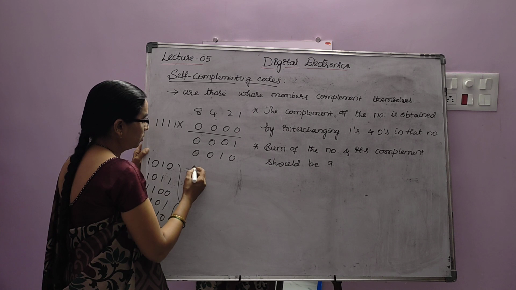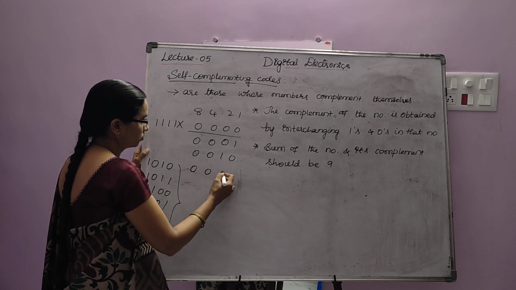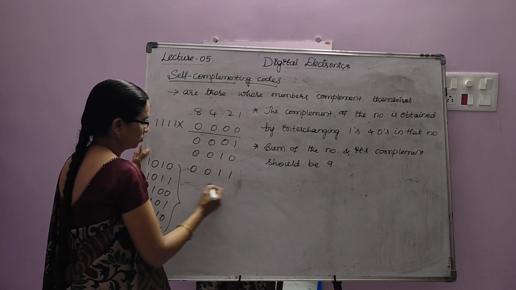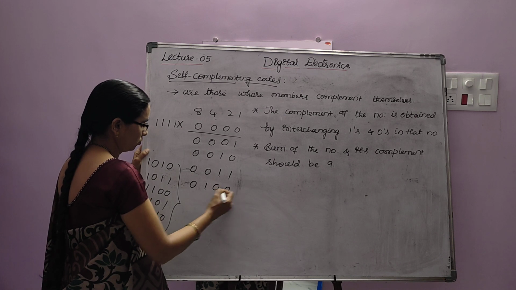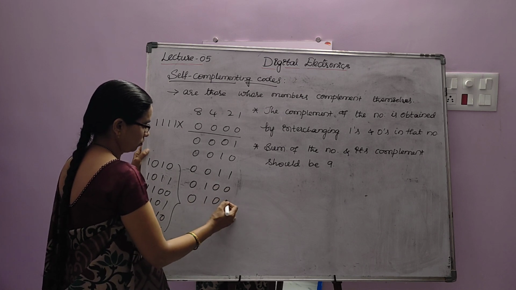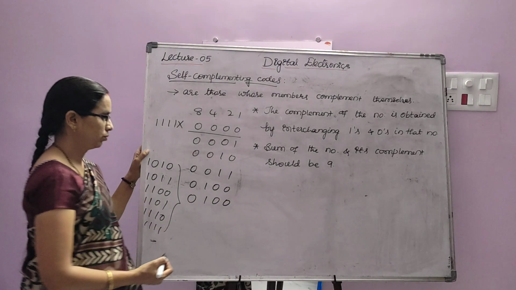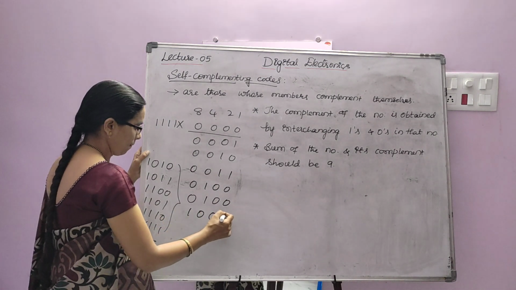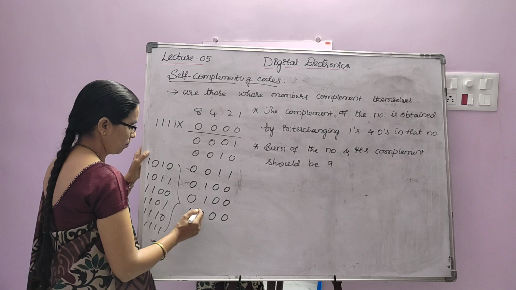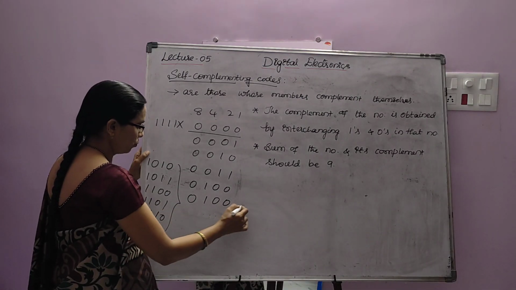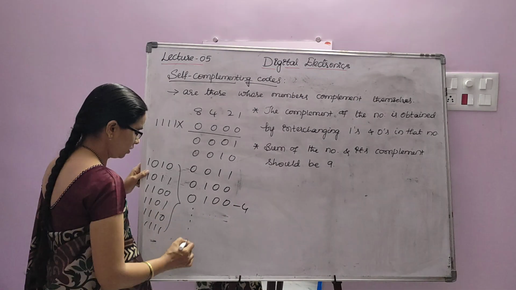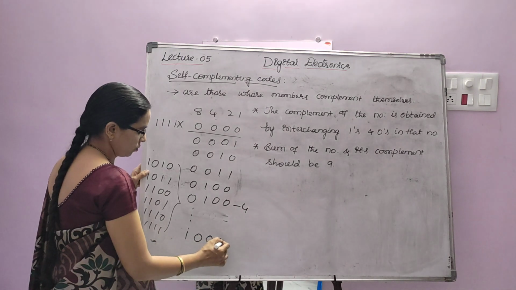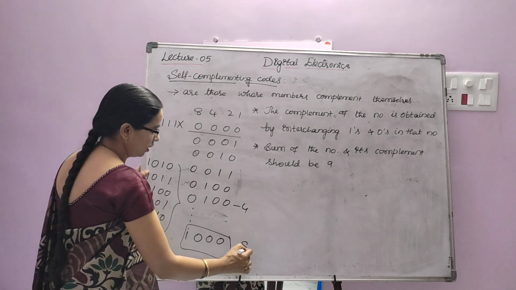For example, this is 4. If I write 1000, it is an 8.